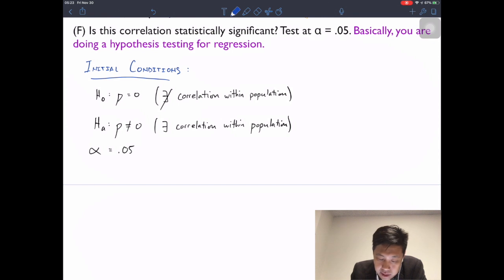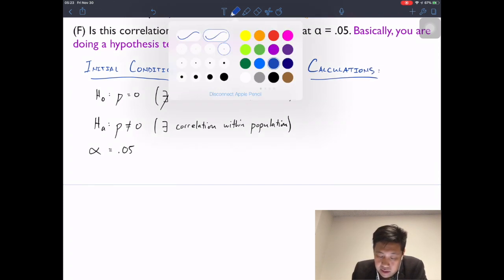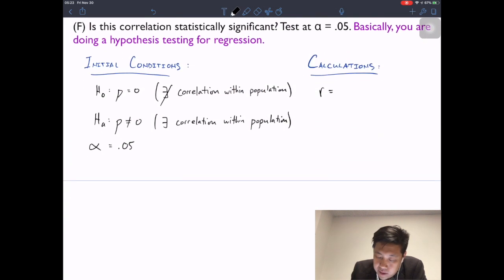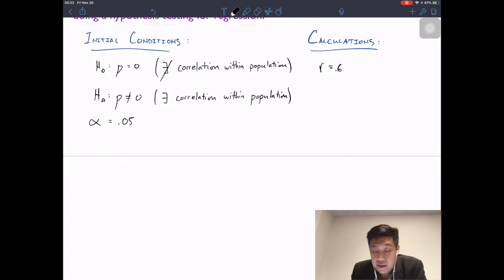So the calculations, specifically what you're going to be analyzing, is this. So remember your R. R we found to be, I'll have to scroll back up because I already forgot, 0.6268. This is your calculated value. Why is it calculated? Well, you took the time to calculate it.